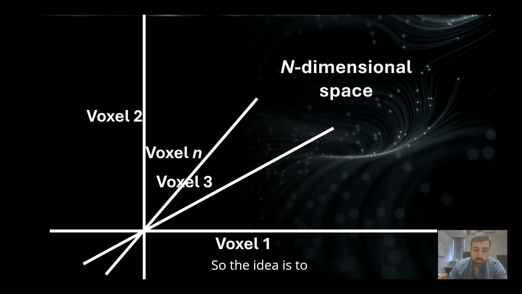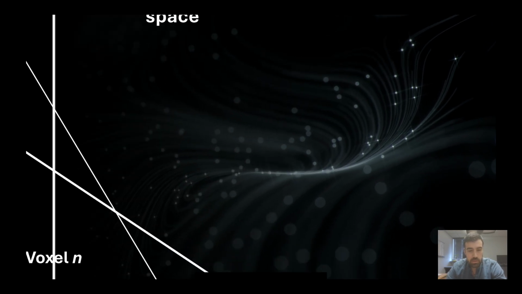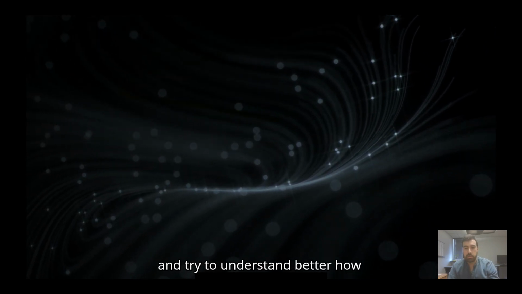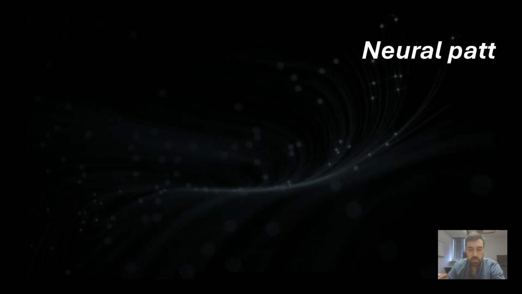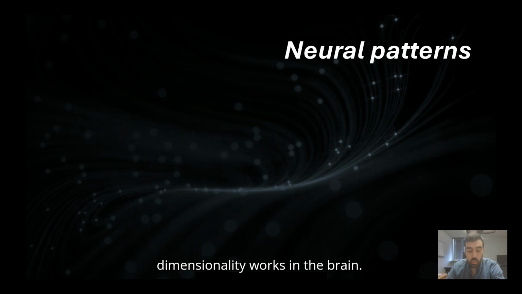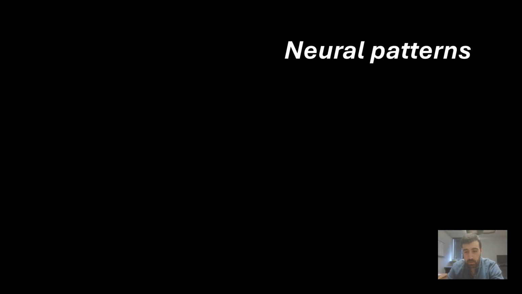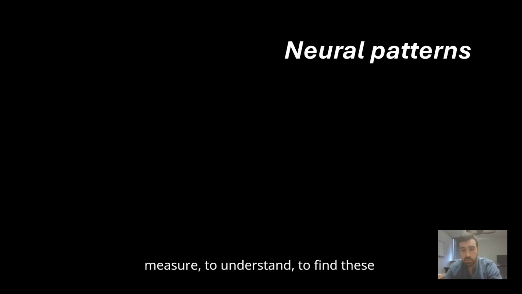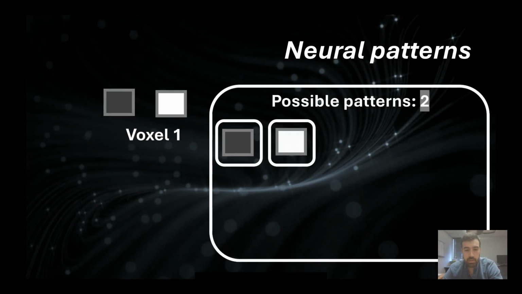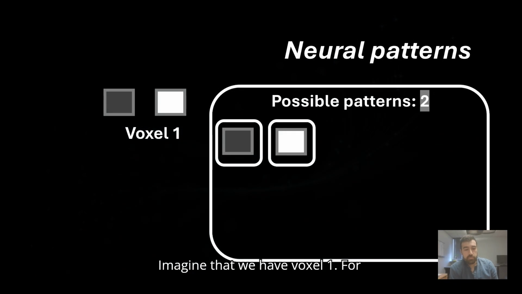So the idea is to leverage this n-dimensional space and try to better understand how this dimensionality works in the brain. Why? Because what we want to do is to measure, to understand, to find these neural patterns, and these neural patterns appear in the brain. Imagine that we have voxel 1.